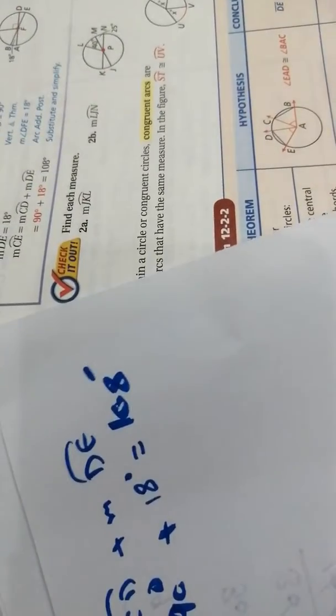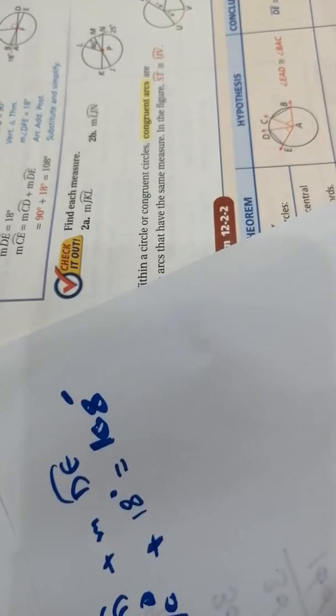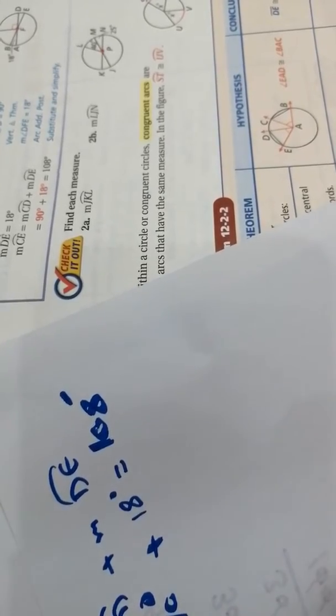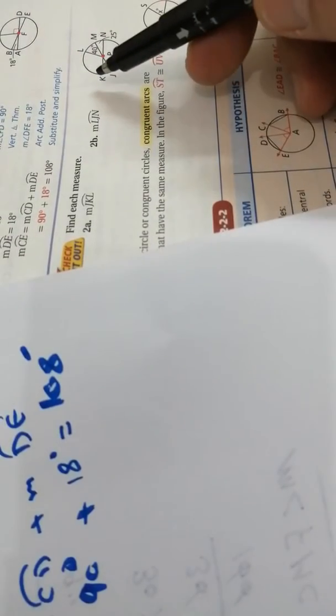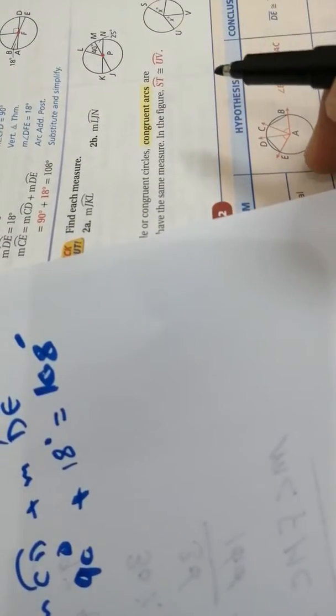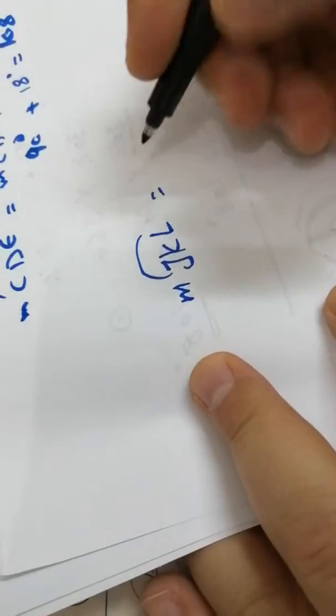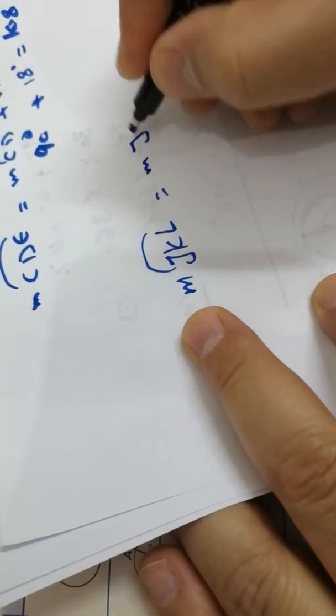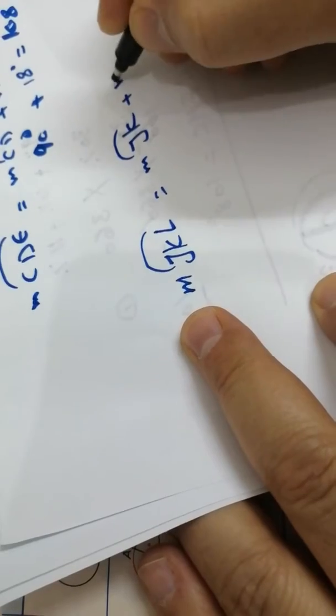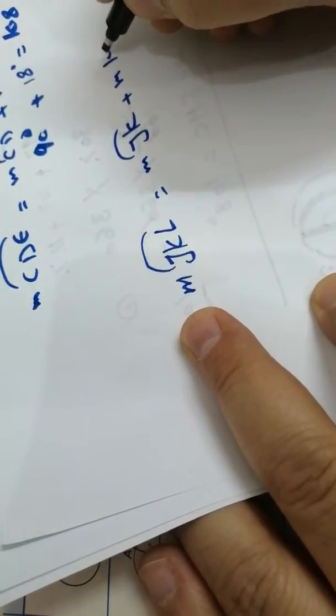Pay attention, please. First one, measure of JKL equal what? Equal JK plus KL. Measure of JK plus measure of KL.